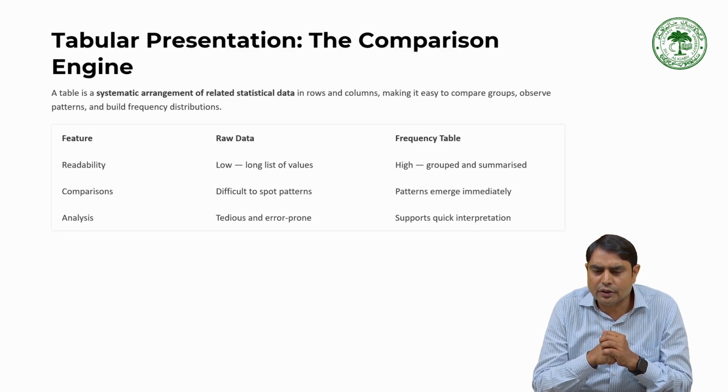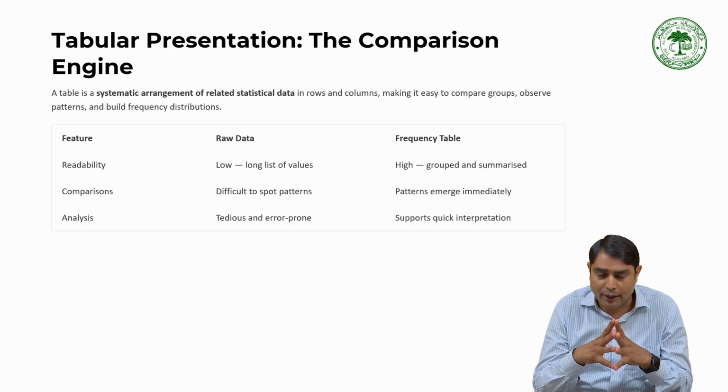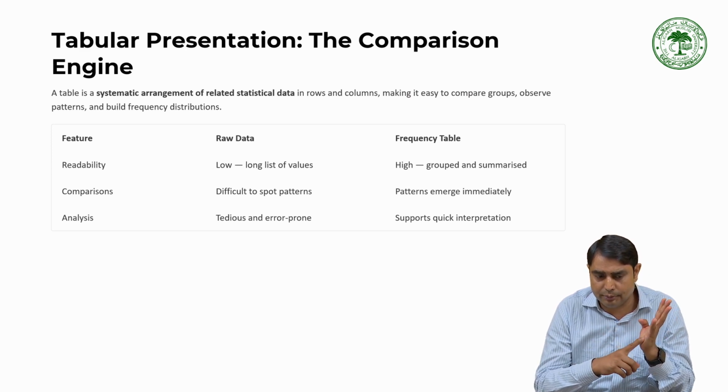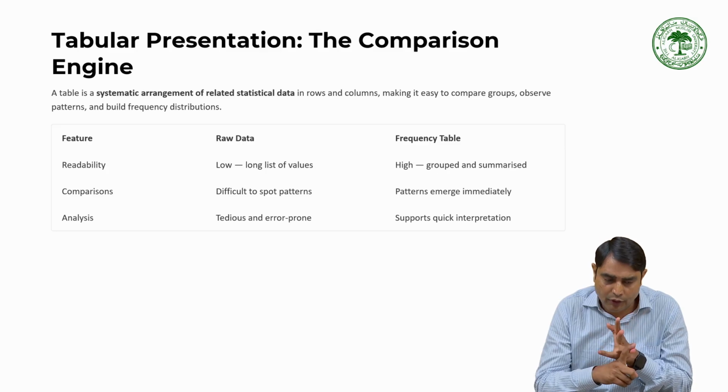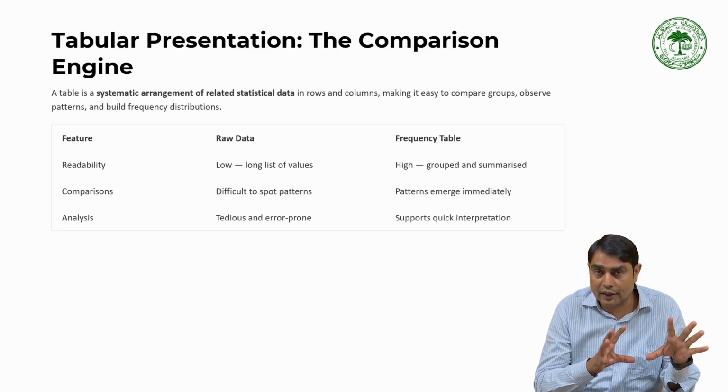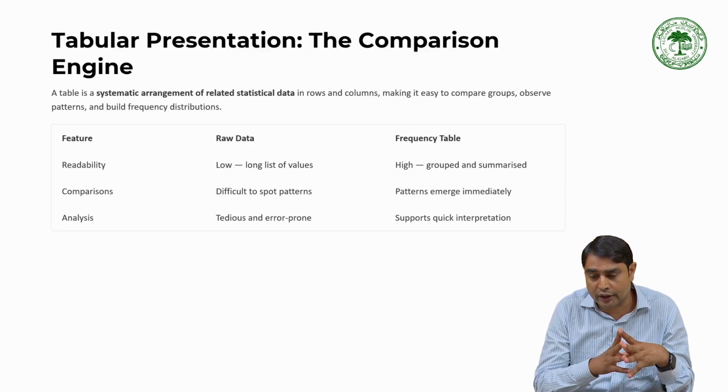Tabular presentation is actually a comparison engine. A table is a systematic arrangement of related statistical data, as we discussed earlier also. If my data is presented in tabular form, then it becomes readable, easy for comparison, and easy to analyze, because all these things are difficult when we are working with raw data.